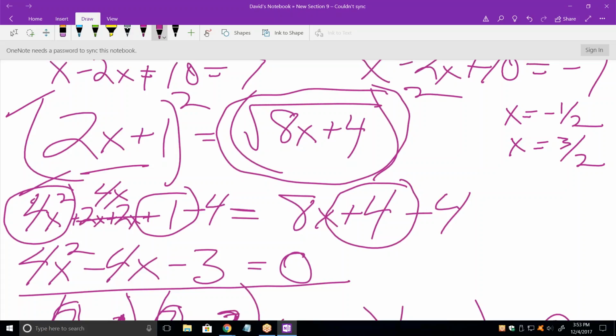What's that equal to when x equals negative 1/2? 0. What's this equal to when x equals negative 1/2? 0. Okay, so that one works. Now let's plug in 3/2. What's this one over here when you plug in 3/2?